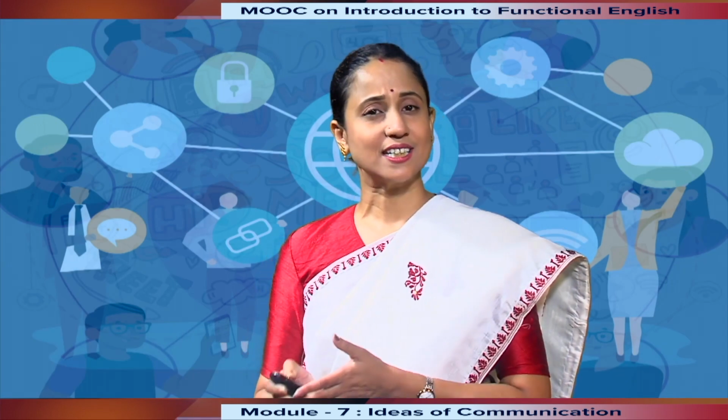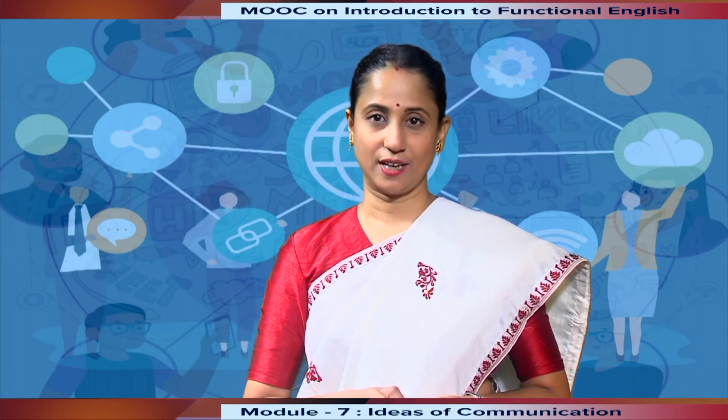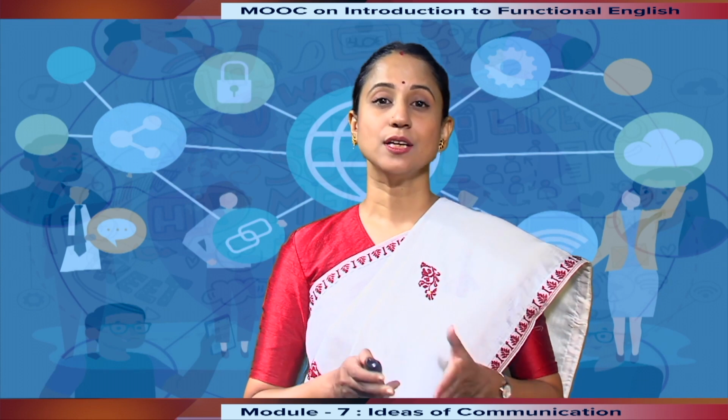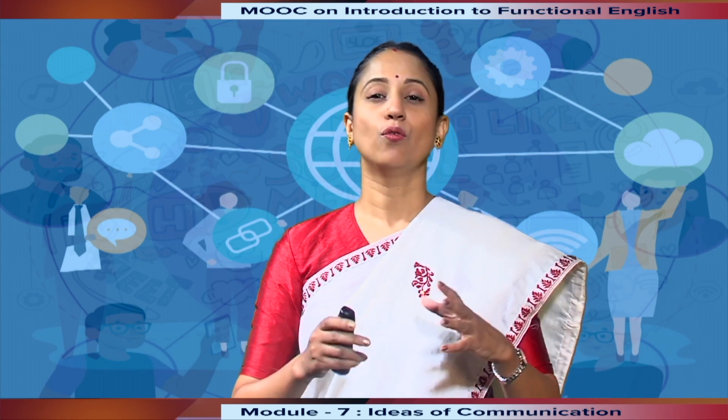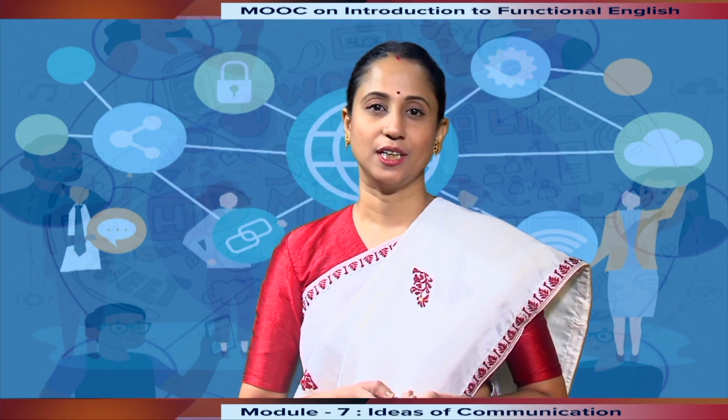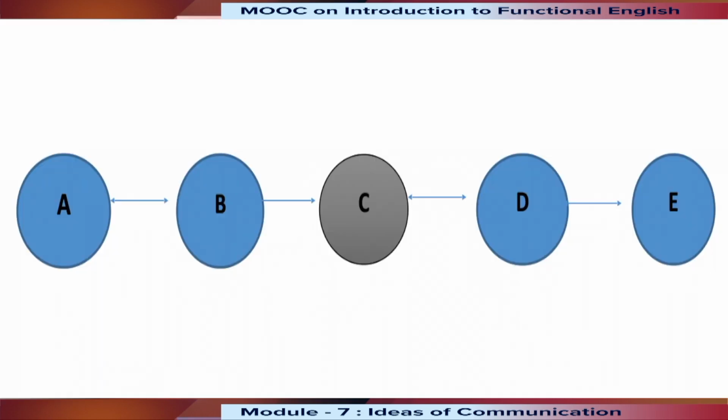As I have already discussed, in this type of communication network, the message is passed from one person to another, forming a linear chain of communication. Here in this example, A represents the starting point, B, C, D represent intermediate nodes, and E represents the end point of the chain network.